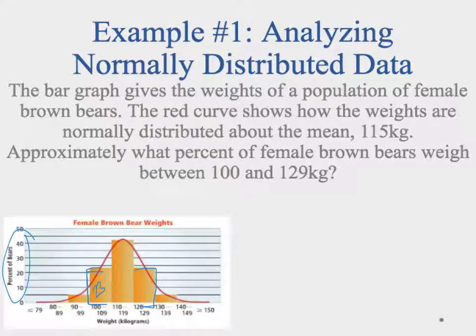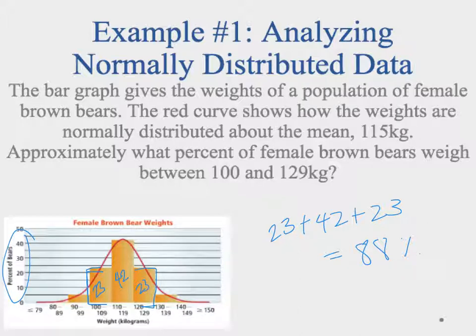And then the center box from 110 to 119 is a little over 40, but not quite 45, so we're going to call this 42. And the box on the other side we're going to say is 23 again. So when you add 23, 42, and 23, you will get 88. So we would say 88% of the female brown bears are between 100 and 129 kilograms.